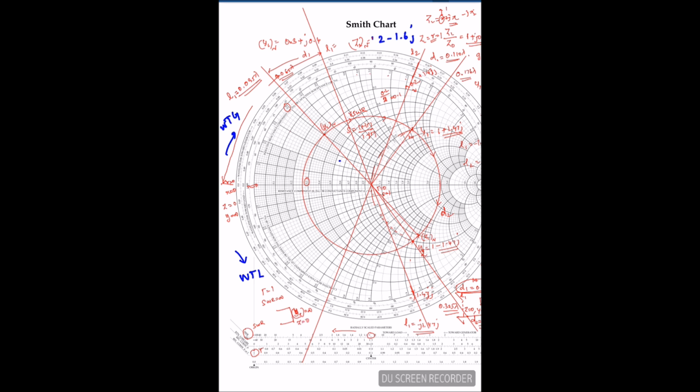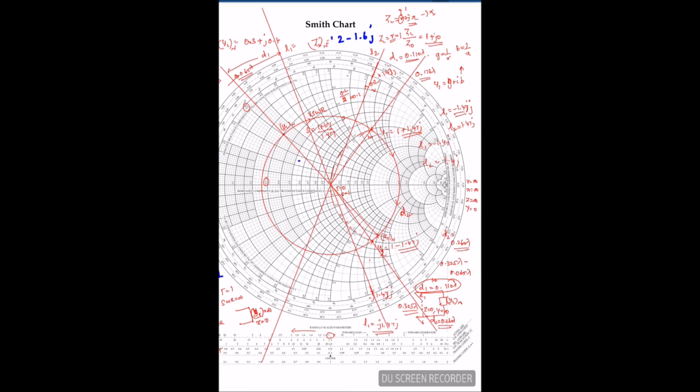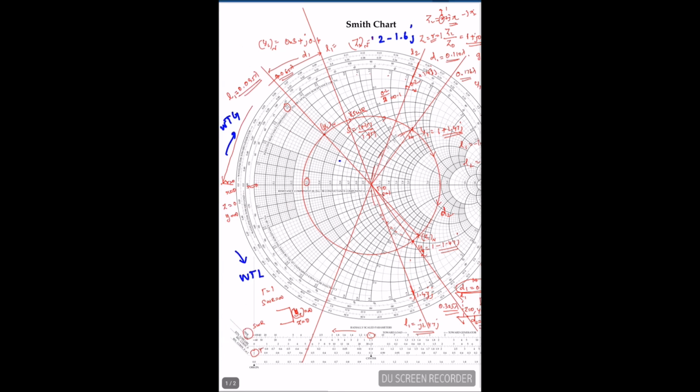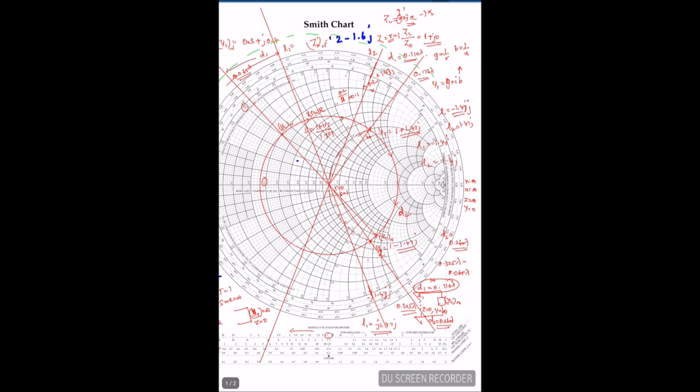From the shorted point of the stub, I will move all the way till I get this. I'll just move all the way from here. Is that equal to z equal to 0 or y equal to infinity? I will move all the way till L2, the susceptance value of L2. So if I see the total rotation, that is my L2, the second stub length.